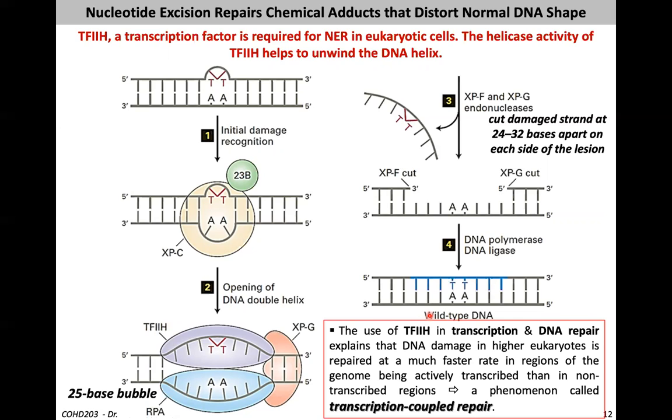It is very important and explains why DNA damage in higher eukaryotes is repaired at a much faster rate in regions of the genome being actively transcribed than in non-transcribed regions. That is to ensure that the messenger RNA which is transcribed does not carry any mutations from the DNA, for proper protein translation.